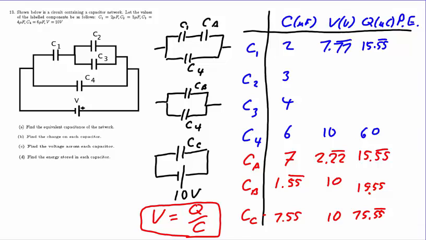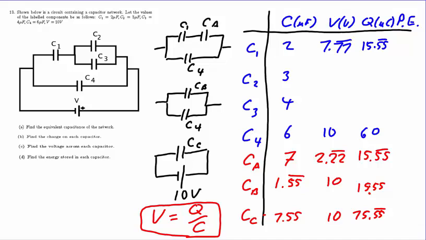Again, we perform the checksum. 2.2222 added to 7.777 gives us the 10 volts of capacitor B that was broken apart in this step, so we again gain confidence that we have done this calculation correctly.